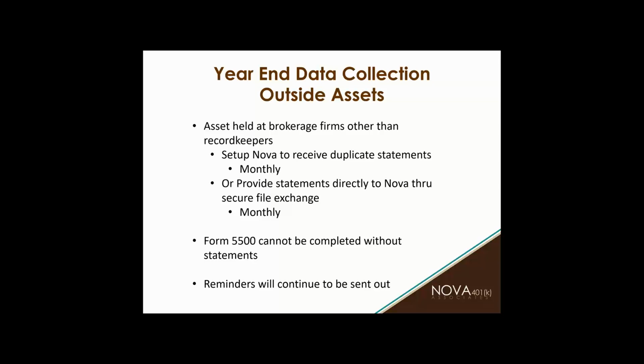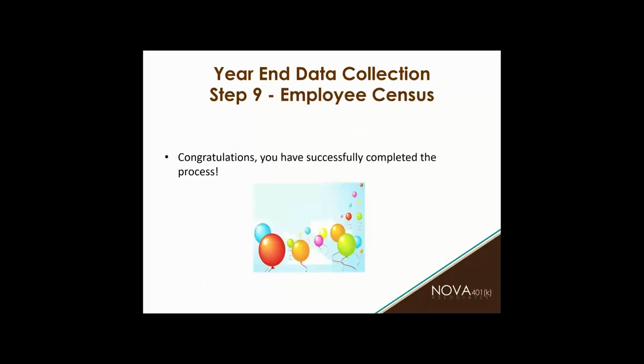We need Nova to be set up with that. So please make sure that we are receiving duplicate statements. If we are not, please provide us all the statements for all the participants for the whole plan year to Nova, to your account manager through that secure file exchange, okay? Because we cannot complete that Form 5500 without that data.